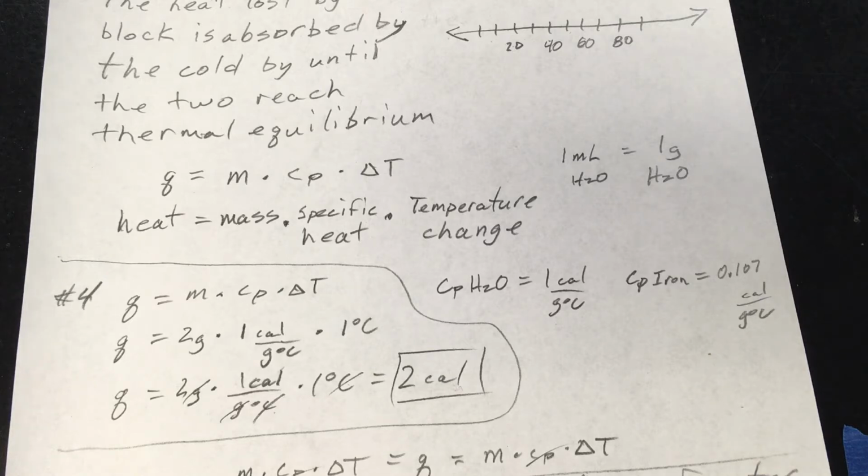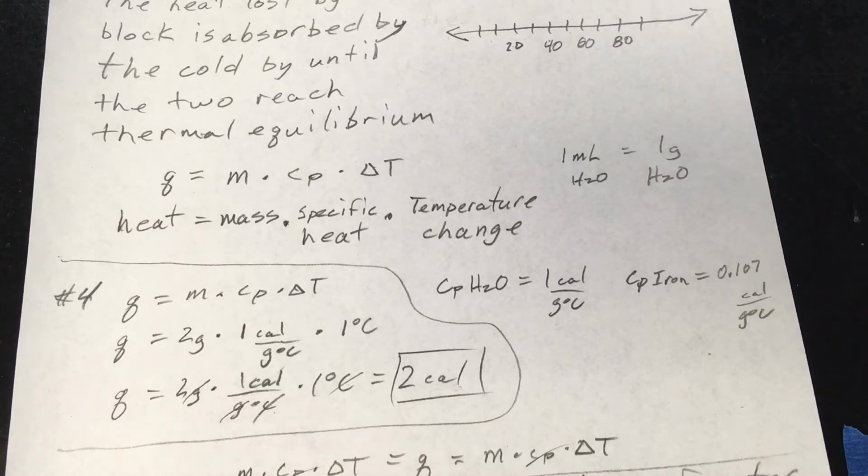Most substances have specific heats less than 1. Like iron has a specific heat of 0.107 calories per gram degree Celsius. So it takes about 10 times as much heat to raise 1 gram of water 1 degree Celsius as it does to raise 1 gram of iron 1 degree Celsius.